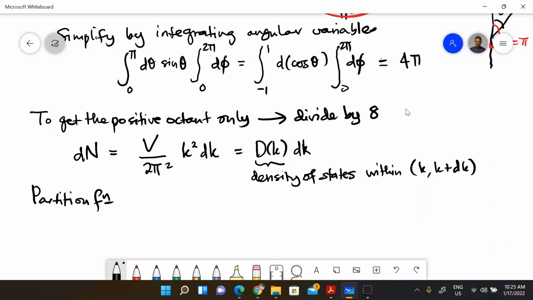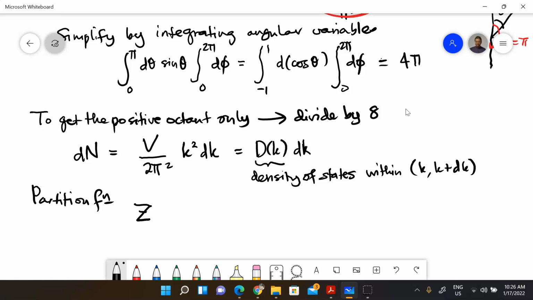Usually we think of the partition function as the sum of the exponential of the energies of the different energy states, divided by kBT.